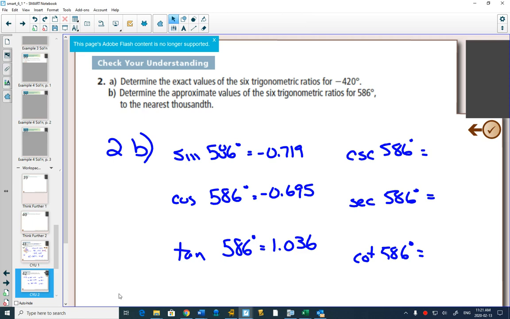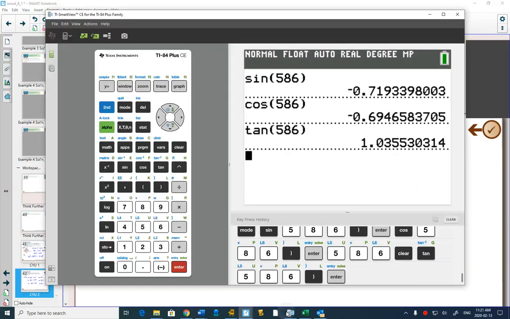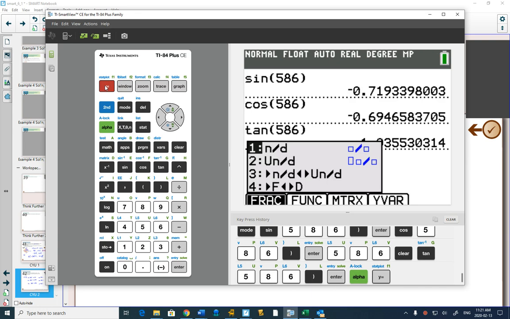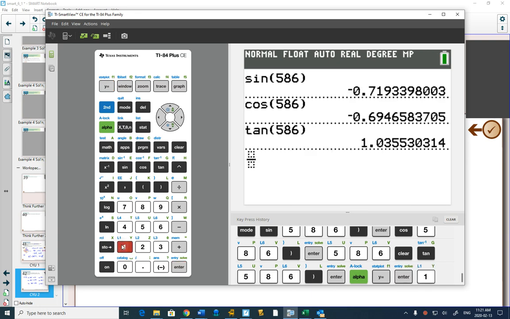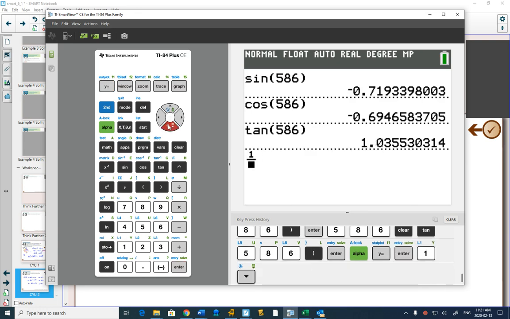Now for your reciprocal functions, you don't have a cosecant button, a secant button, or a cotangent button on your calculator. But since they're reciprocals, you can do 1 over. Some calculators have a nice fraction button, so you can write it exactly like this, 1 over sine of 586.